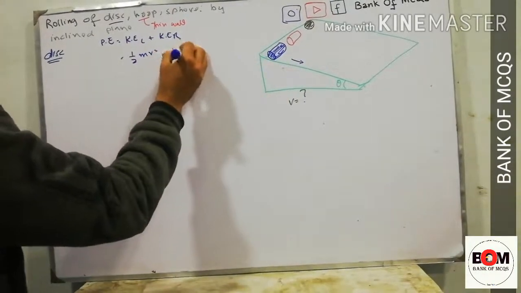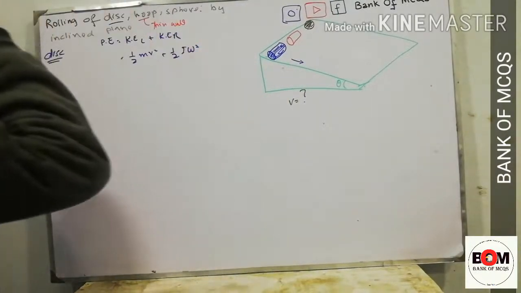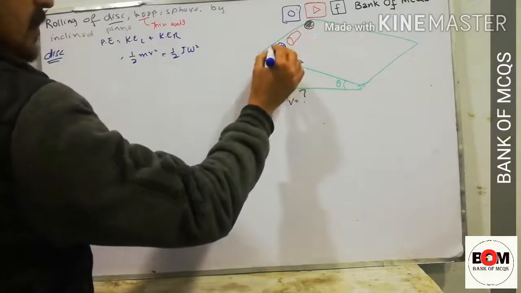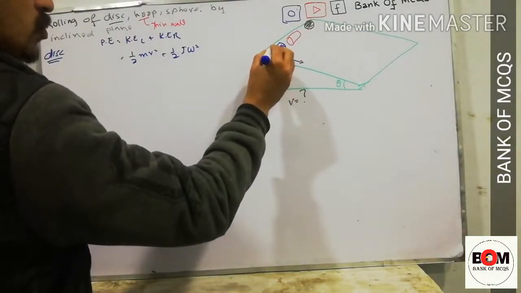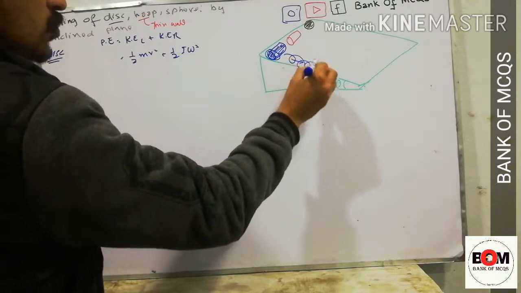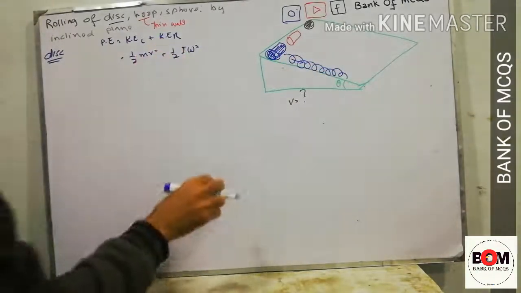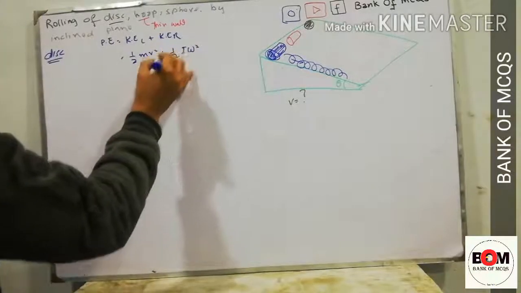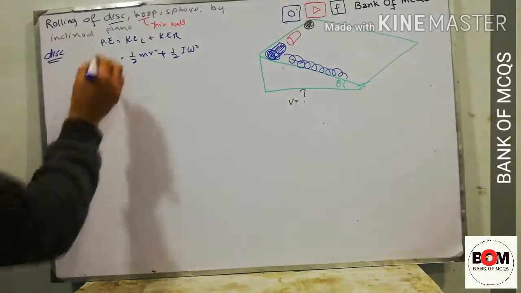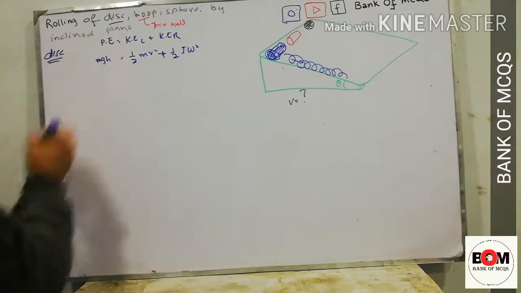Rotational energy is equal to half I omega square, because as it comes downward, it also rotates. So potential energy is equal to mgh.